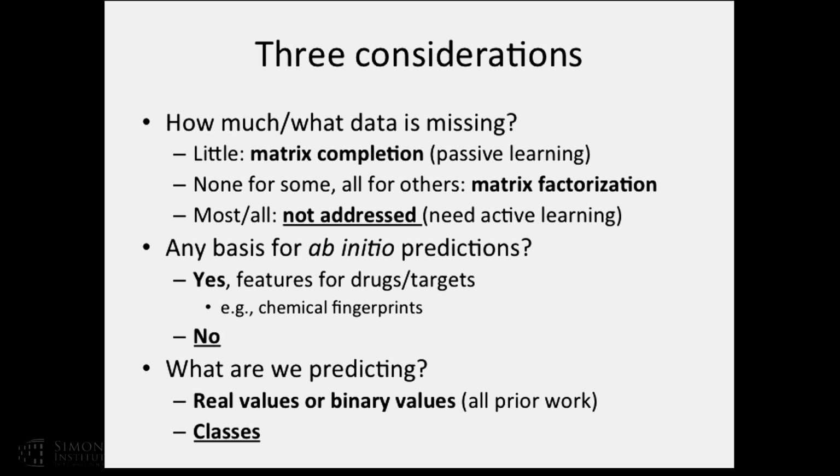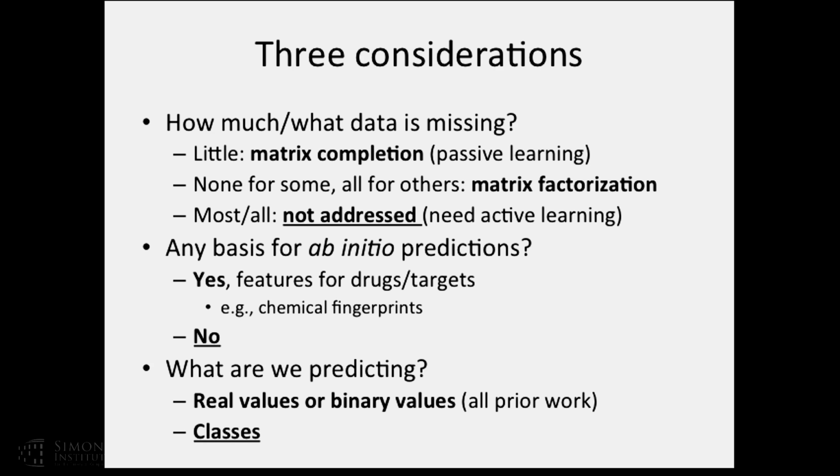And in the case that I mentioned where we have a lot of data, all the data on some drugs and not for other drugs, then we do some kind of factorization and we say, okay, we're going to predict for the new ones. That's been done reasonably well. But it turns out that the real case that is important is that most of the data or all of the data is missing, okay? And we have no data, so we're starting basically from nothing, okay?